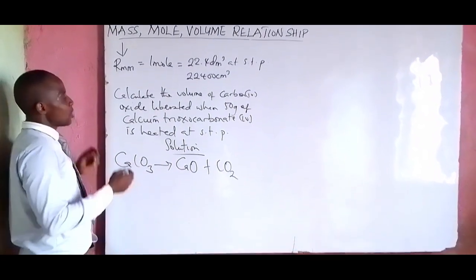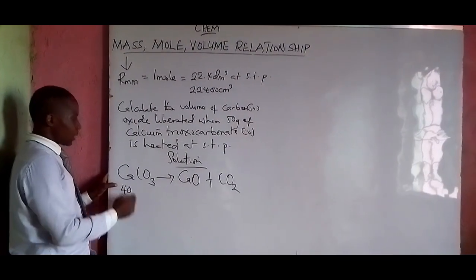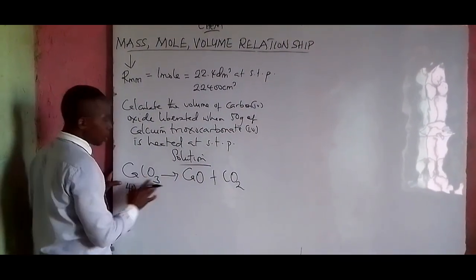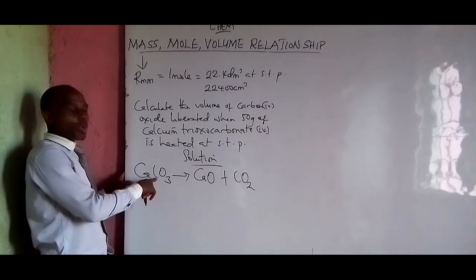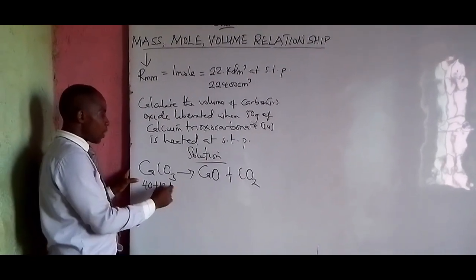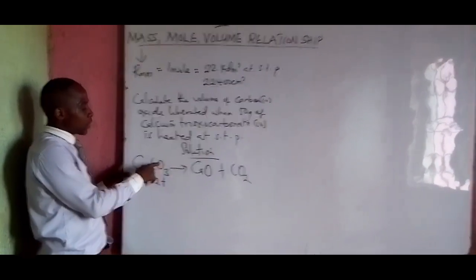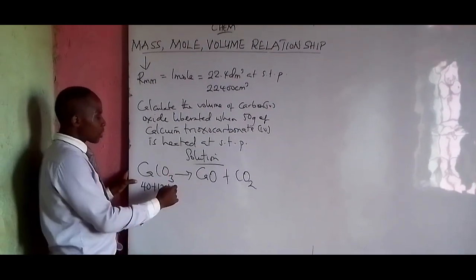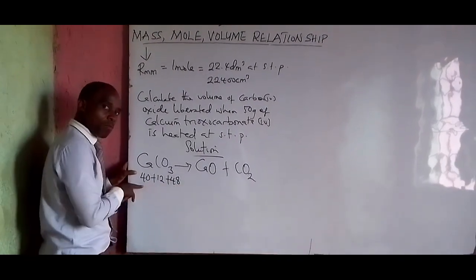So now, you know the atomic mass of calcium is 40. Most of the time, all these atomic masses are given in brackets. Plus the atomic mass of carbon is 12. Plus oxygen is 16, but it's 3 atoms of oxygen here, so 3 times 16 is 48. When you add all of them, you get the molar mass.